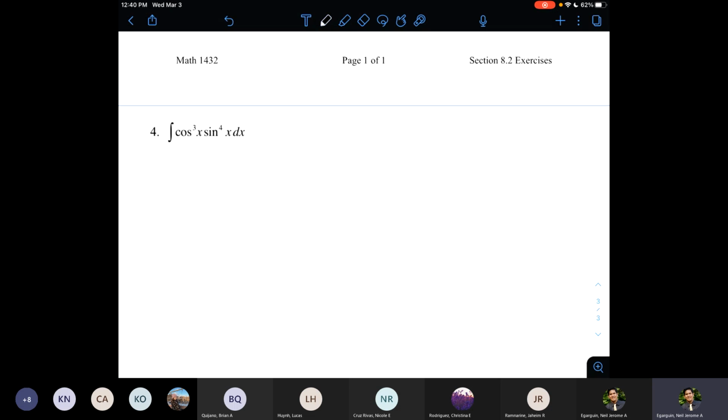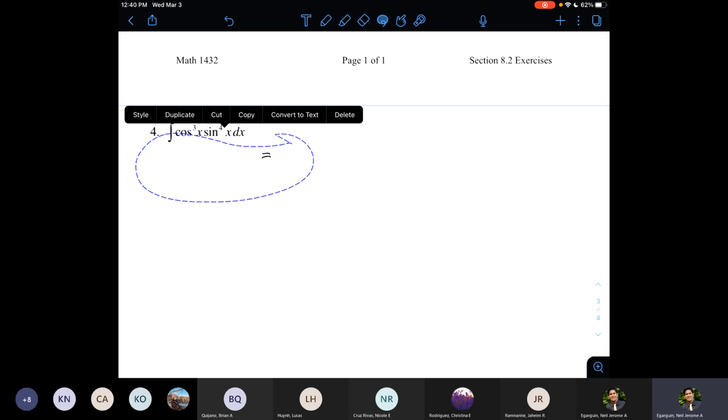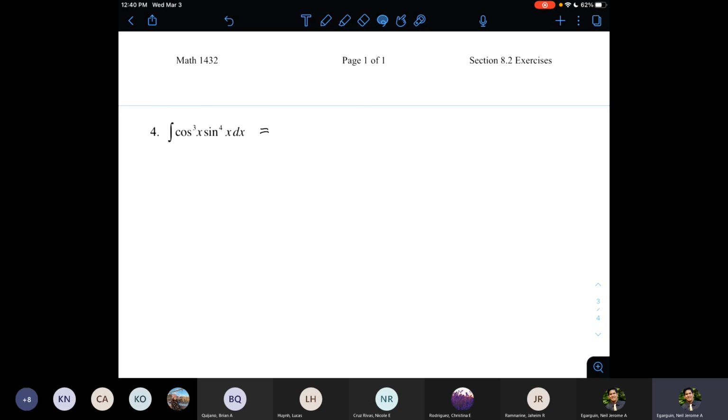So here, remember what I wrote earlier: when that happens, what you need to do is to reserve one factor out of the odd power as your du. So I have a cosine cubed. I'll take one of the cosines and reserve it for the du.